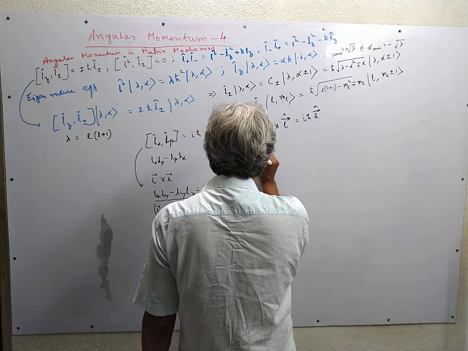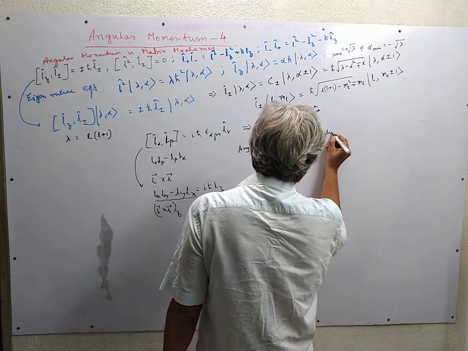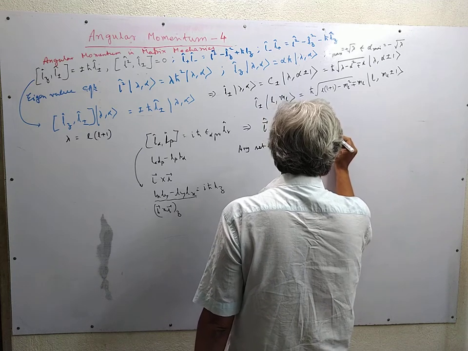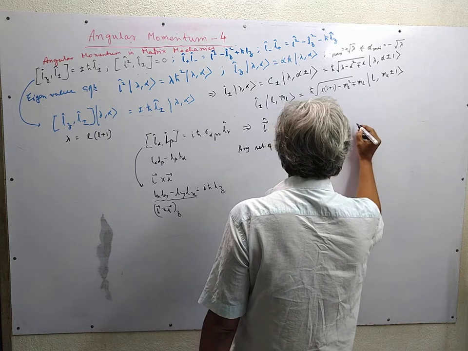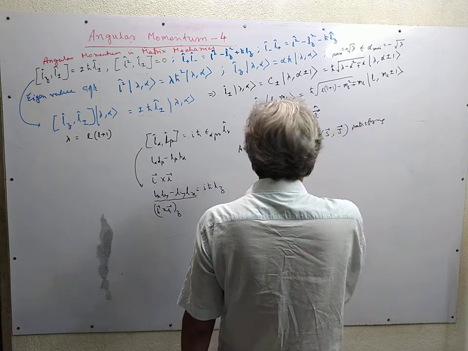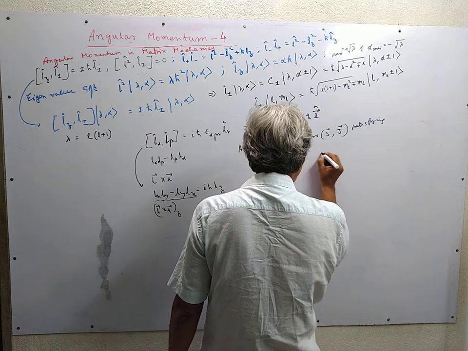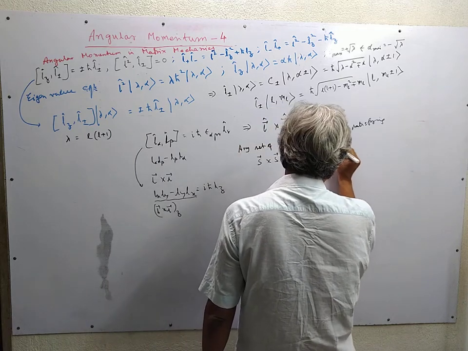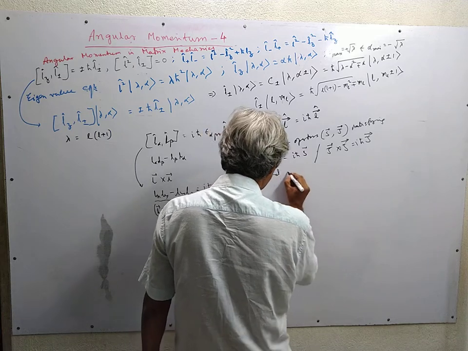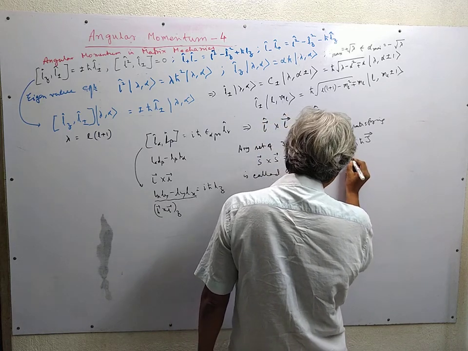We define any set of three operators, let me call them S or J, satisfying S cross S is equal to i H cross S, or J cross J is equal to i H cross J, as an angular momentum operator.